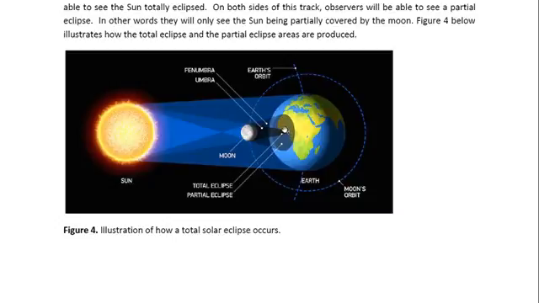Closest to that, we'll get, say, a 90% eclipse, in which case we'll see 10% of the sun if we were to stand in that region, and so on. Now, because the moon moves and the Earth is rotating, the Earth moves slowly.